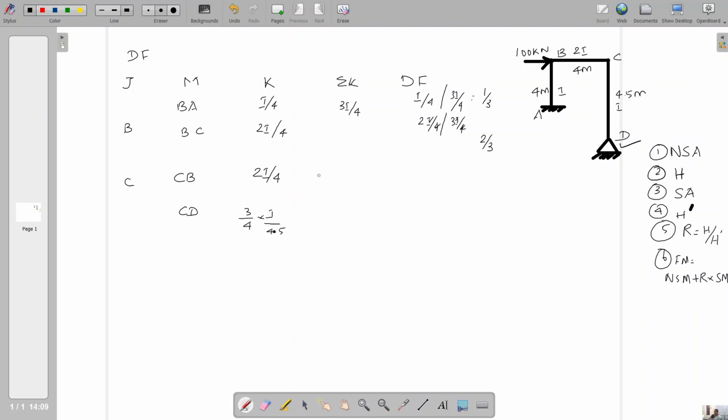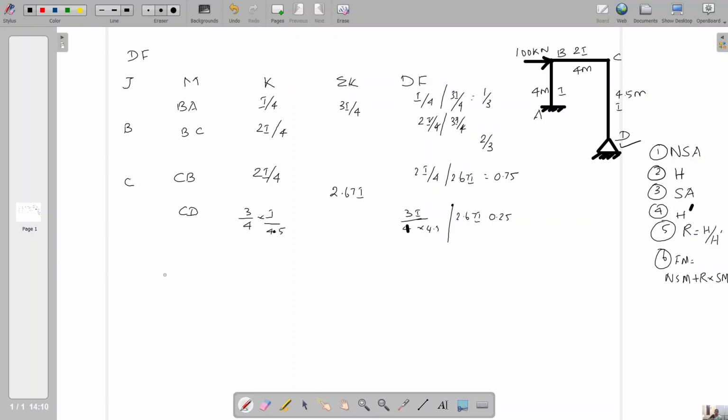If you calculate the summation of K, you will get 2.67 I, and the individual stiffness 2I by 4 divided by 2.67 I is equal to 0.75. For the other member, 1 minus 0.75 is equal to 0.25. You can check the answer by calculating 3 into I by 4.5 divided by 2.67 I. So we have calculated the distribution factors.